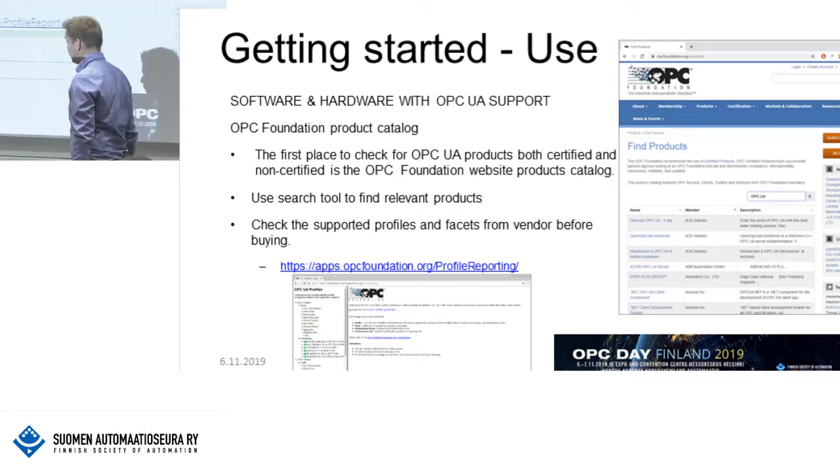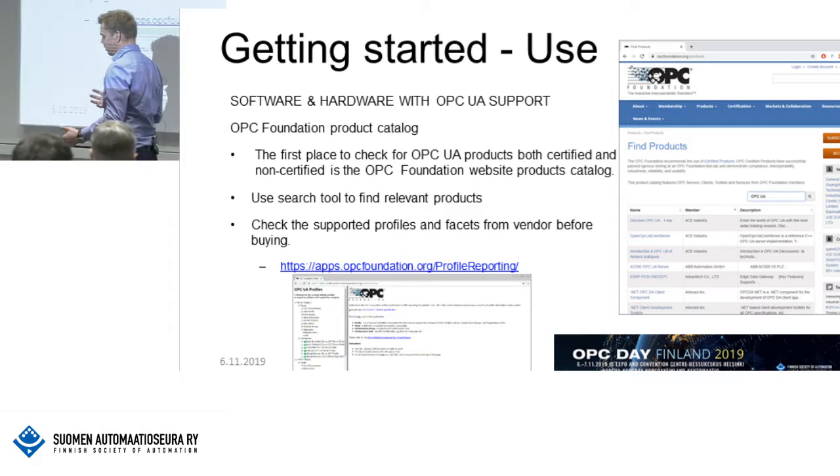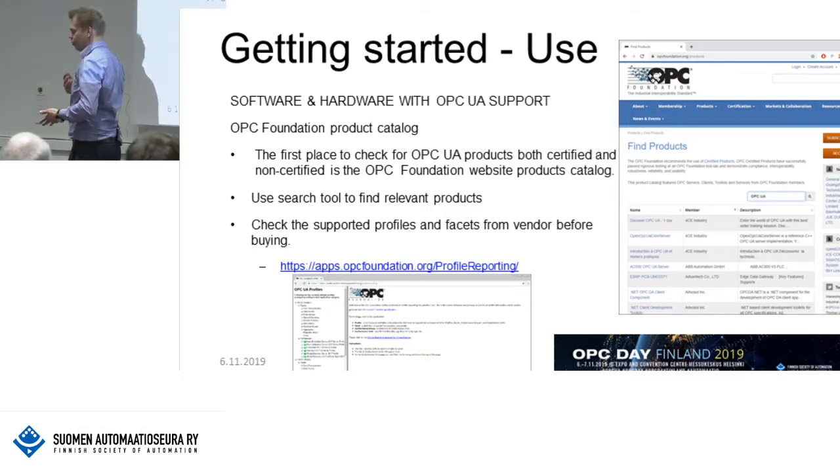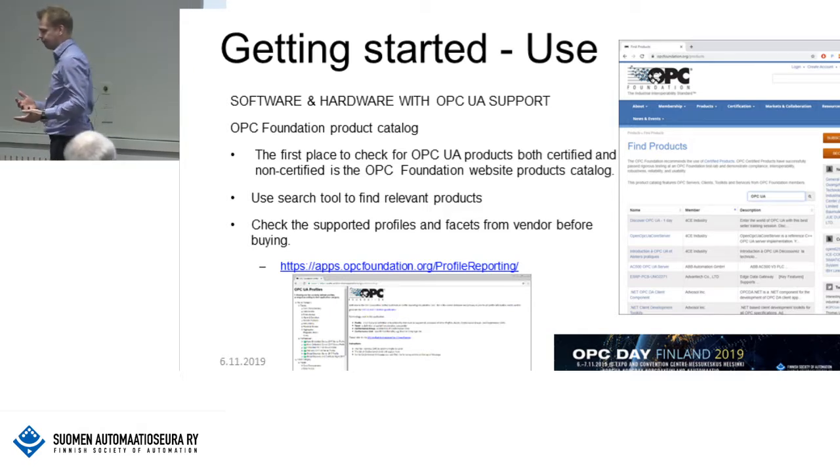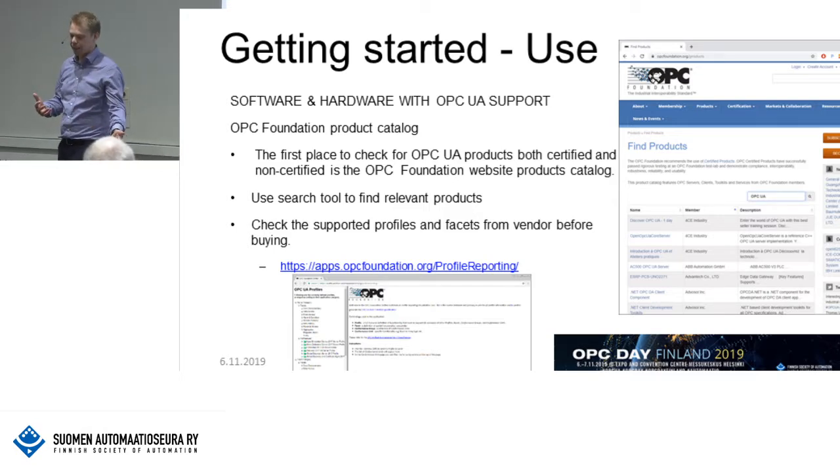And that, of course, enables interoperability problems if you expect to have a product with OPC UA DA support, and you have a client for that, but the product only supports historical access.